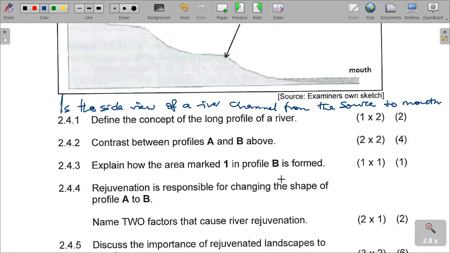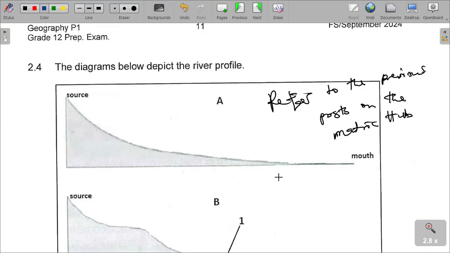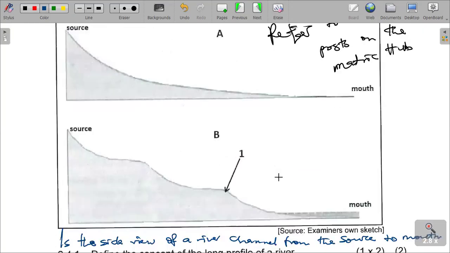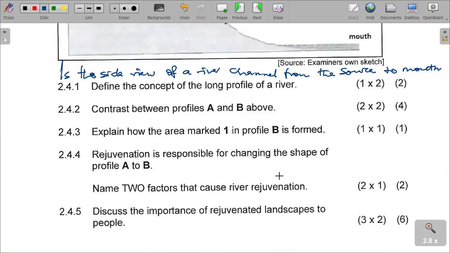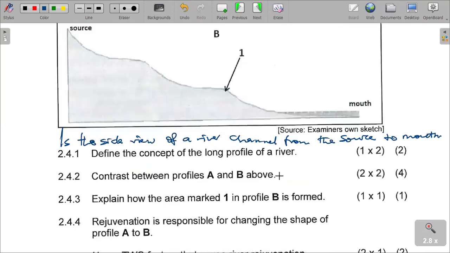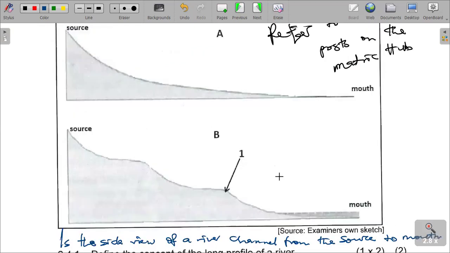2.4.2. So we are saying A is a smooth concave profile. Let me just answer it here. Our question 2.4.2.